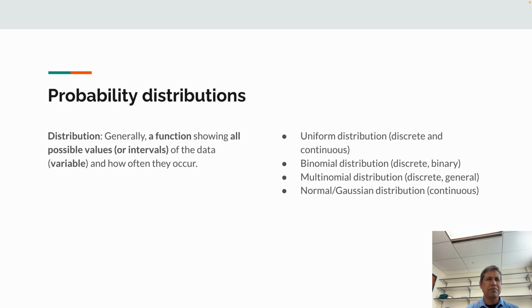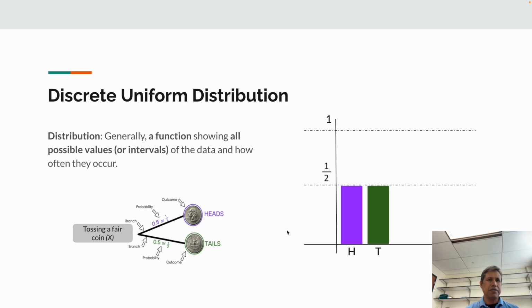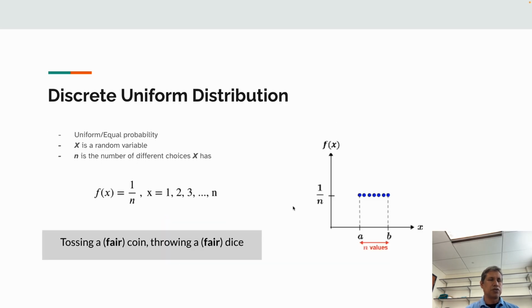So let's get some idea. We have been talking about throwing a fair coin, and we know that the coin has two sides, head and tail. Head and tail both have 1/2 probability as their values. We can generalize this for any number of variables. For example, for n, it will be 1/n, and the function would look like this.